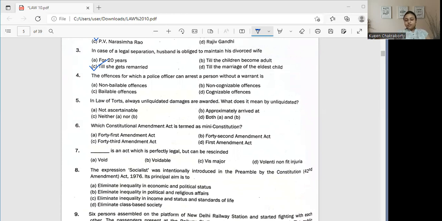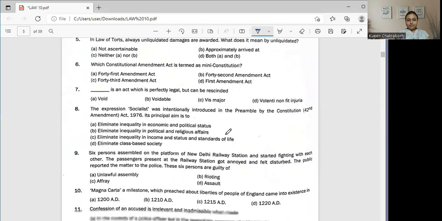I have given you one video where we have been differentiating between bailable and non-bailable offences and cognizable and non-cognizable offences. So please do refer to them for detailed knowledge as to why I'm marking option D, cognizable offence, as the correct answer. So I mark option D, cognizable offence.